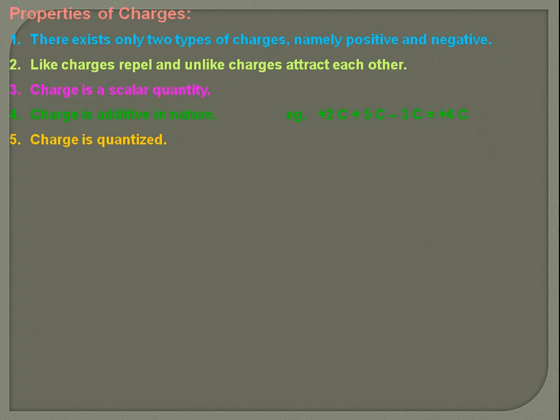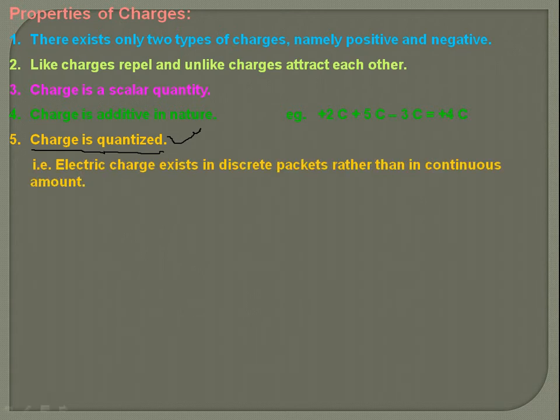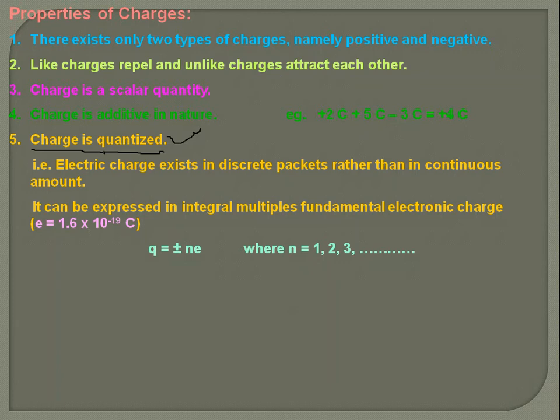The next property is called charge is quantized. What do you mean by quantized? Quantized means in bundles. This property means that if a body contains charge, then that charge will always be an integer multiple of the elementary charge e.